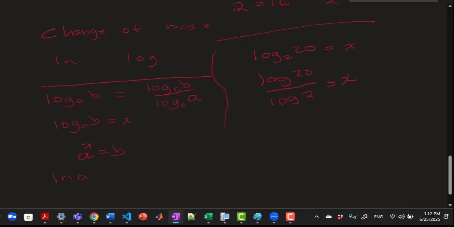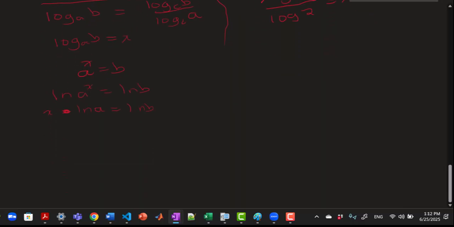The natural log of a to the x equals the natural log of b. Then this x can come out in front. So x times the natural log of a equals the natural log of b. And then I can divide both sides by the natural log of a. That cancels over here, and I get x equals the natural log of b over the natural log of a.